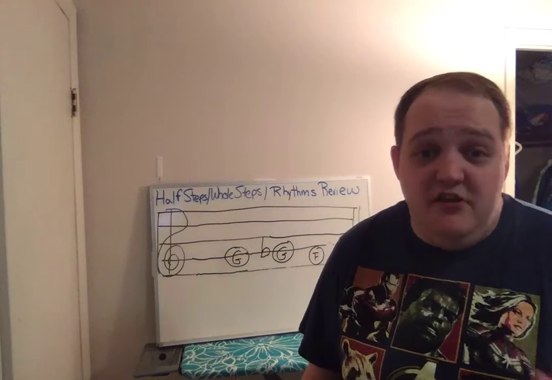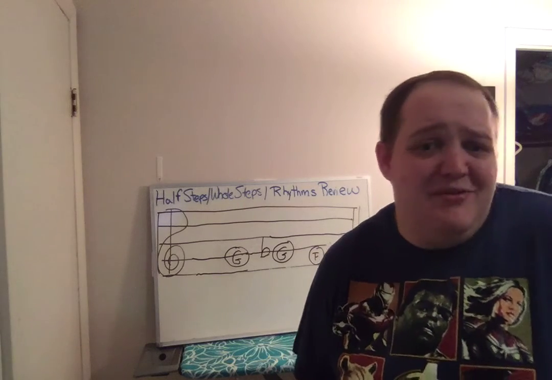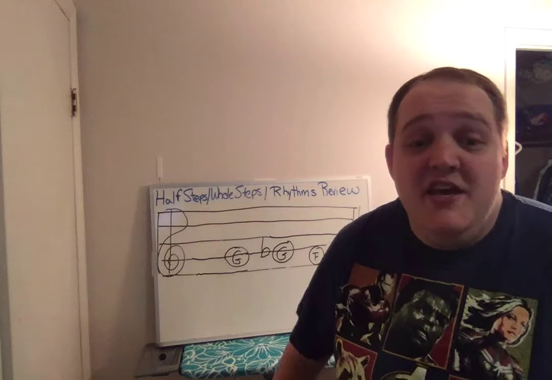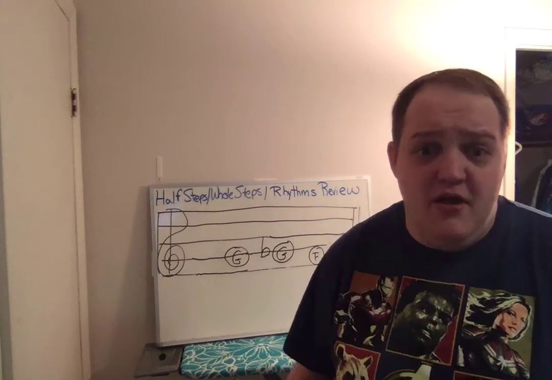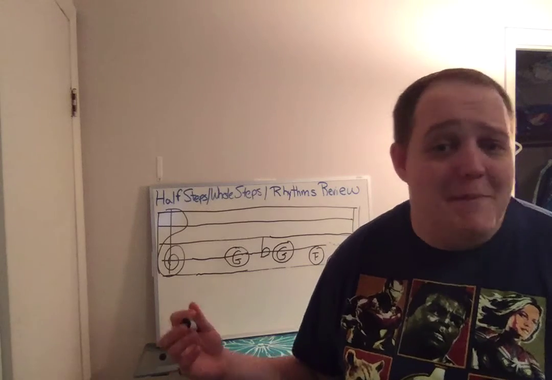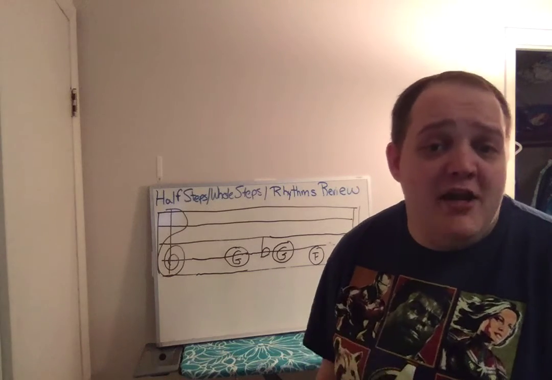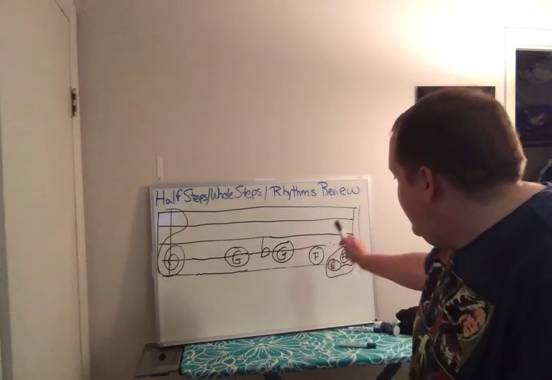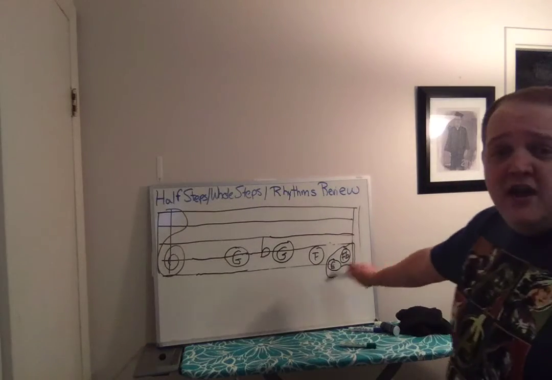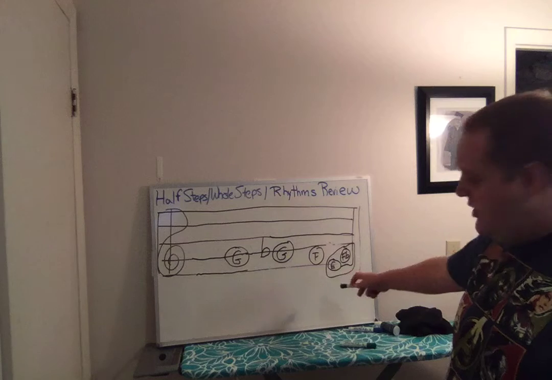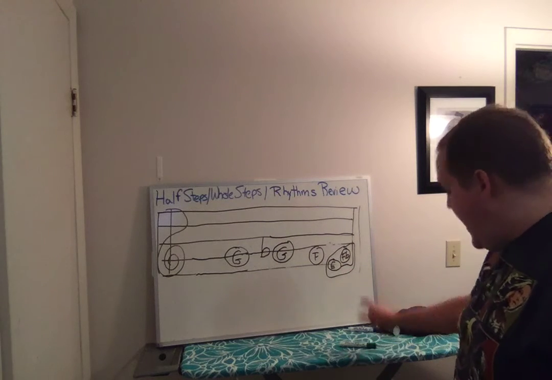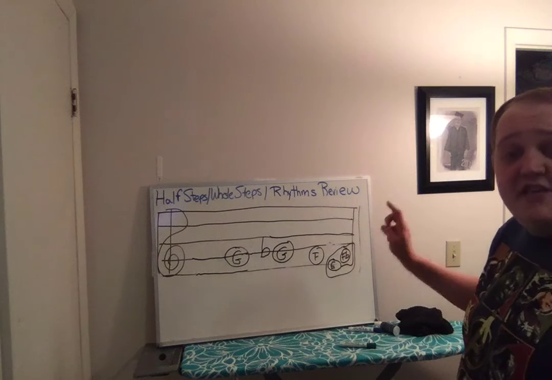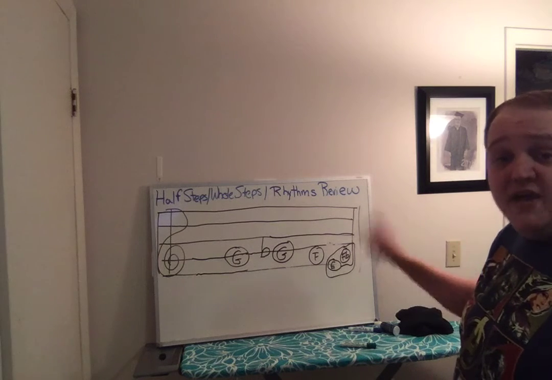We call this in music, and you don't have to really remember this, this is just for fun. This is called enharmonic spelling. I know, fancy schmancy term. It means even though they're located on different spots, and they're spelled differently, they have the exact same sound.